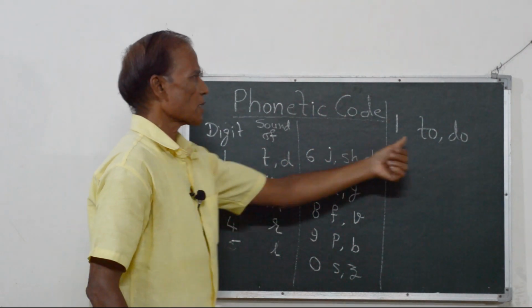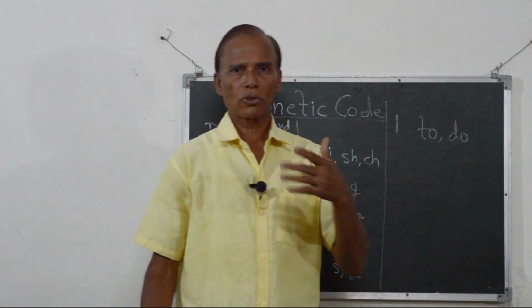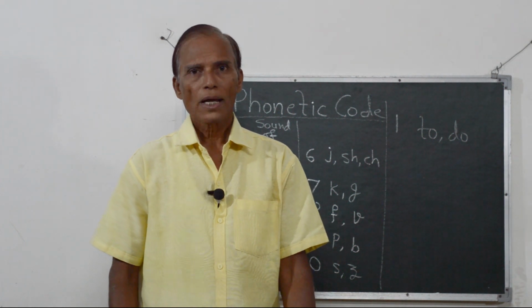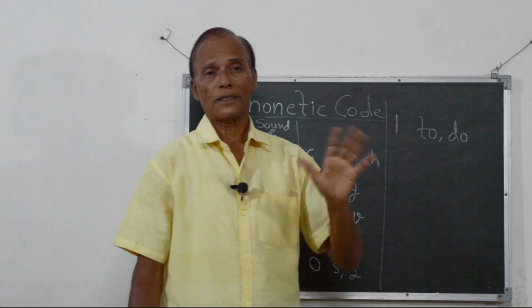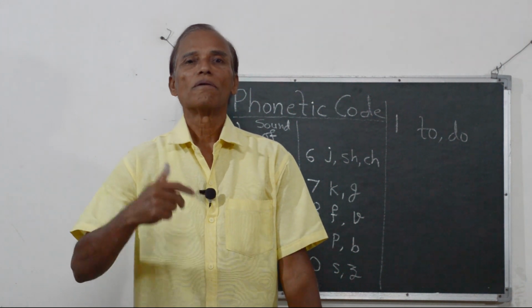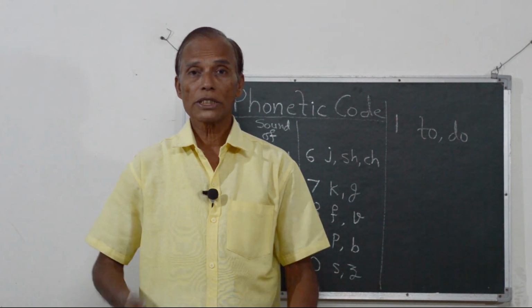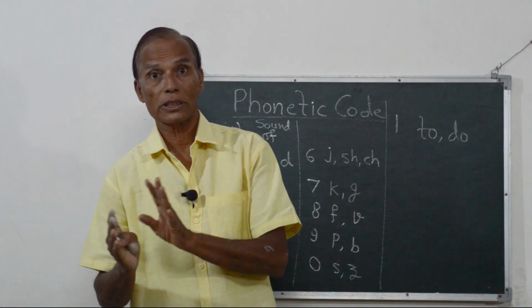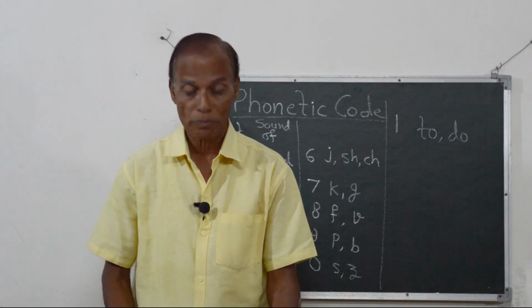T or D. T sound and D sound are both available for 1. And vowels you can use freely. So this 1 can be converted into to, do, like that. Means for 1 number you will have different text. That is the flexibility of this method.